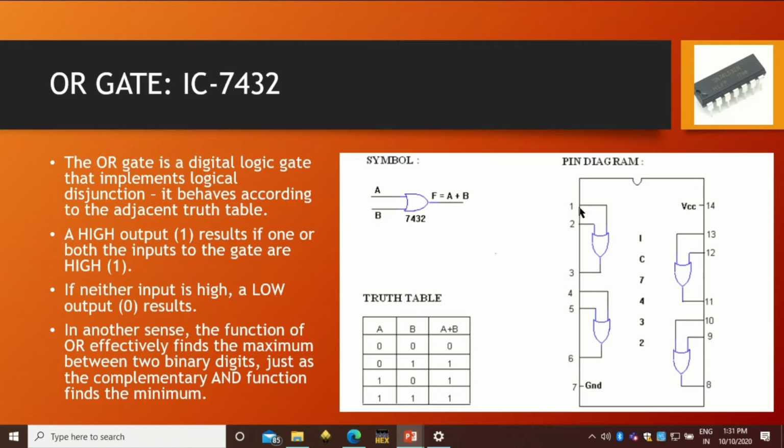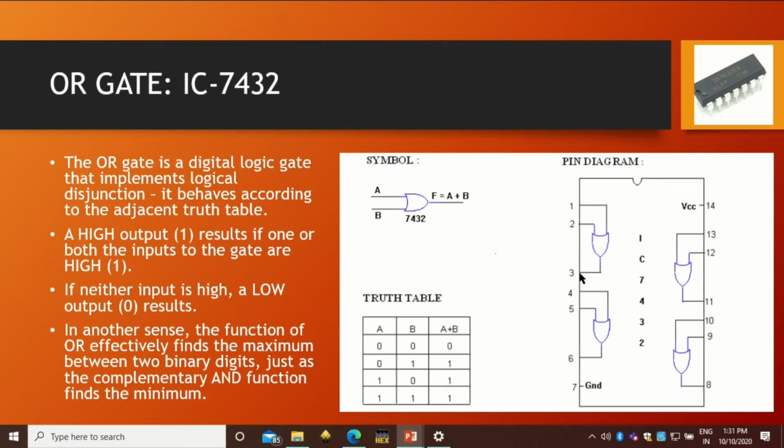Similarly, as in the AND gate, the OR gate also has the first and second pins as inputs and the third pin as output. In this IC number 7432, there are 4 such OR gates possible. You can see here 4 and 5 are again input pins and 6 is the output pin. Similarly, 10th and 9th will be the input pins and 8th will be the output, and here 13th and 12th will be the inputs and 11th will be the output pin.